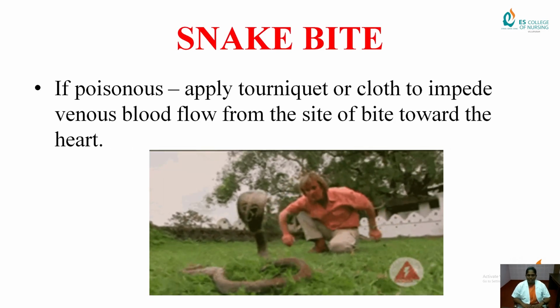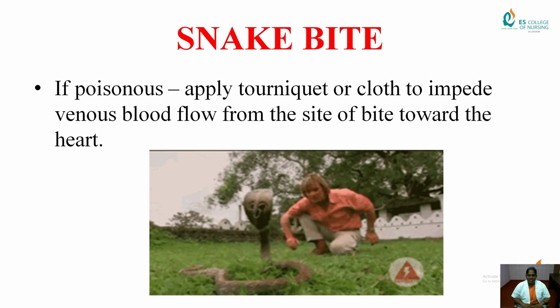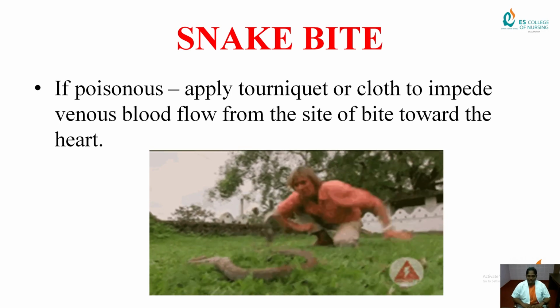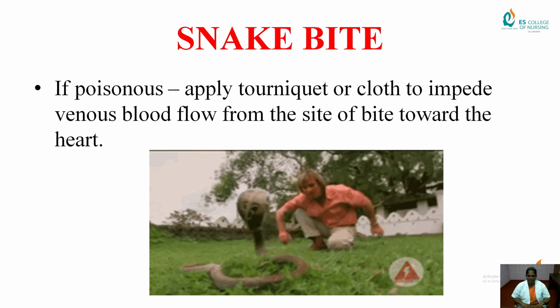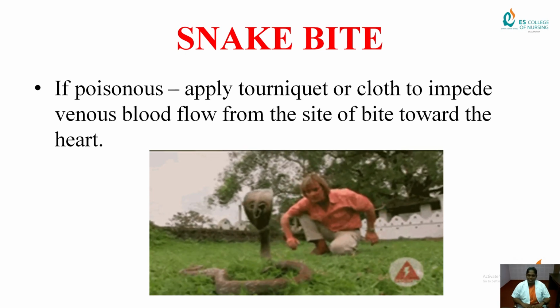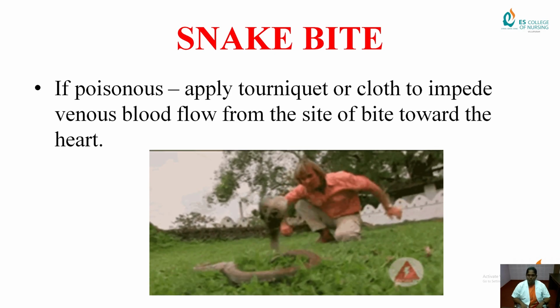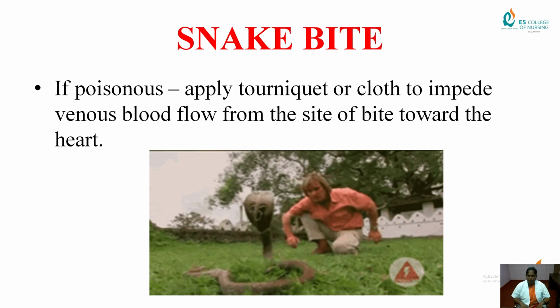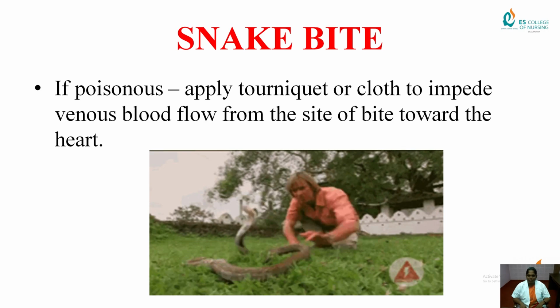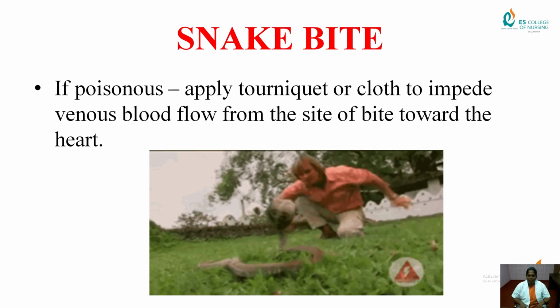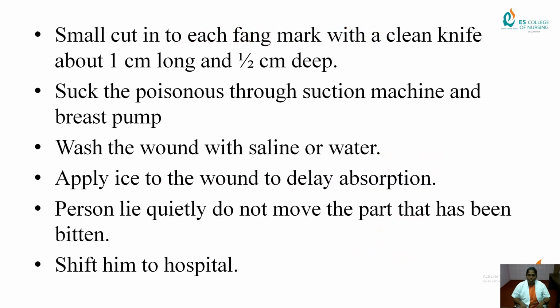Next, snake bite. It is a very dangerous minor ailment and also an emergency. If poisonous, apply a tourniquet or cloth to impede the venous blood flow from the site of the bite toward the heart. Make a small cut into each fang mark with a clean knife, about 1 centimeter long and half a centimeter deep.